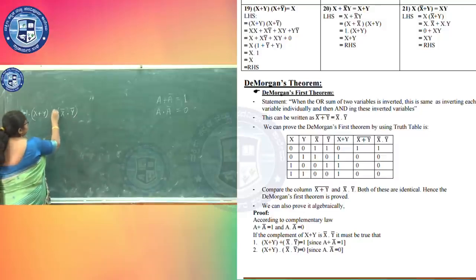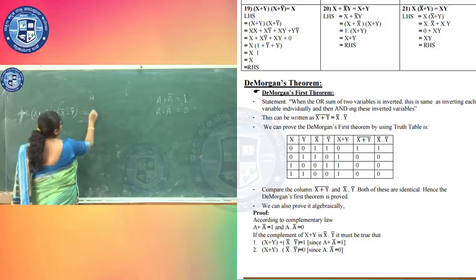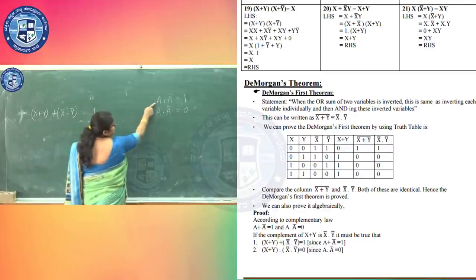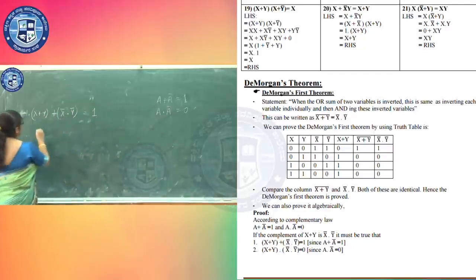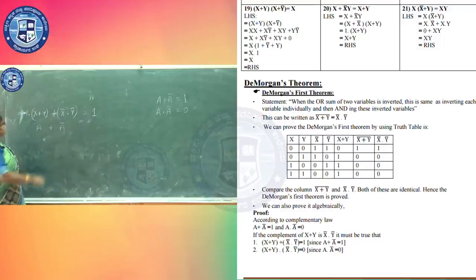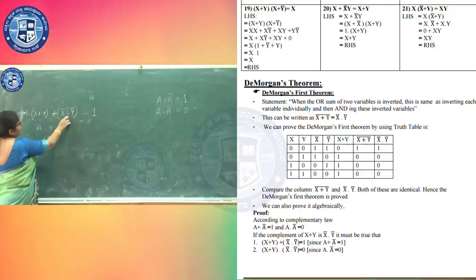We have used a symbol OR over here, and therefore the value will be equal to 1 according to this. So here what is happening? This is a plus a dash, because it is the opposite of it. X is complemented, the plus is complemented, again the y is complemented.